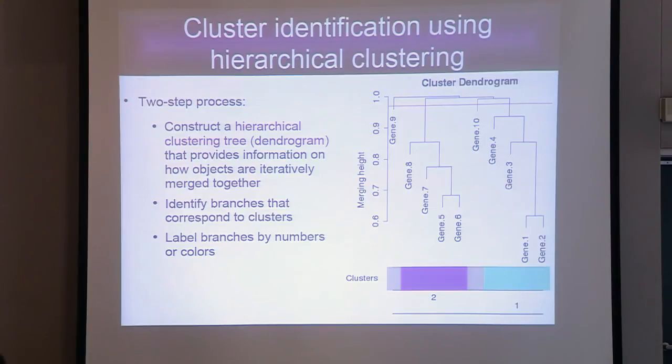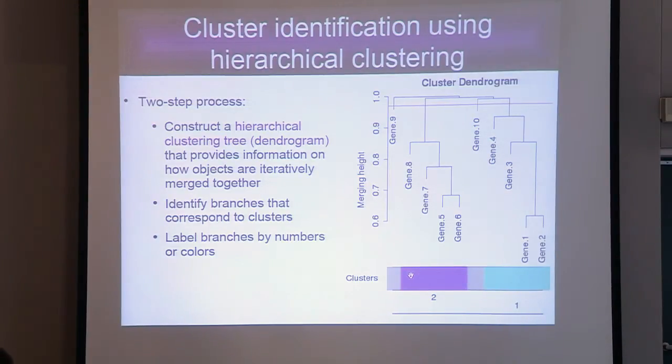But in the second step, you basically have to identify branches that correspond to clusters in the tree. So this would be one branch, and this is another branch. Then, like I said before, you label the branches or the clusters by either numbers or colors or both. In this visualization of the hierarchical clustering tree, we like to show the clusters below the actual tree.